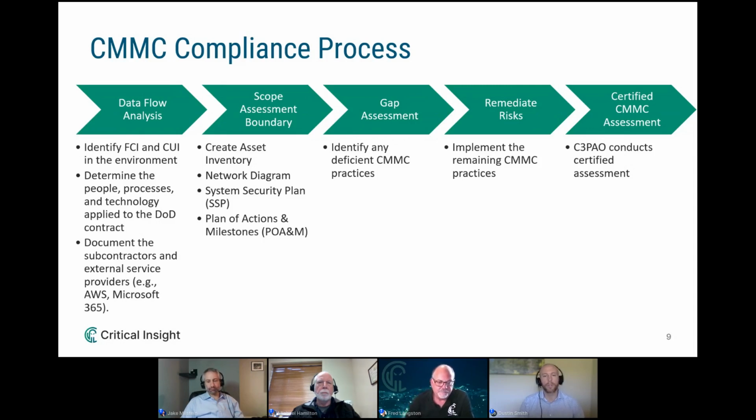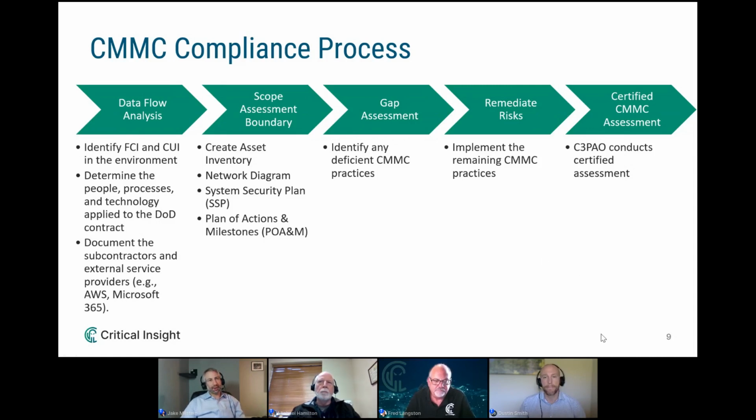If you don't get scoping right from the beginning, it creates a whole bunch of problems later on, because you'll start finding these data flows of CUI that's going places outside of your boundary, different cloud systems, different MSPs, just different places in the environment on-prem. And now you have these subsystems that are not being compliant and protected. And that causes a lot of problems. You don't want to find that out when you're just getting ready to get your assessment.